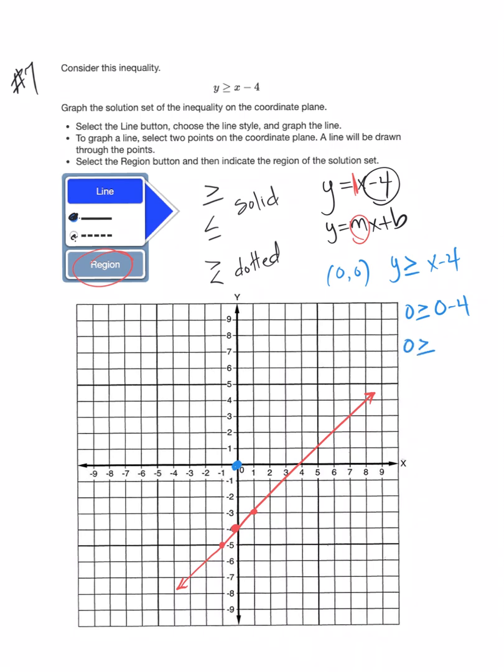And when I simplify this, what I get is 0 is greater than or equal to negative 4. Well, that is true. That is a true statement. So that means I'm going to shade where my coordinate is located.